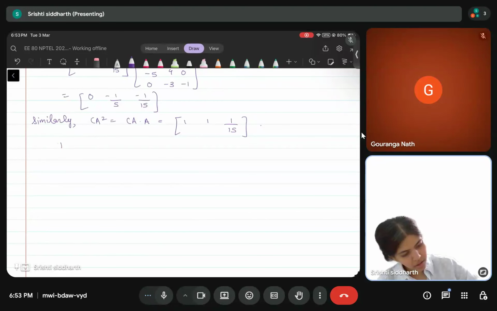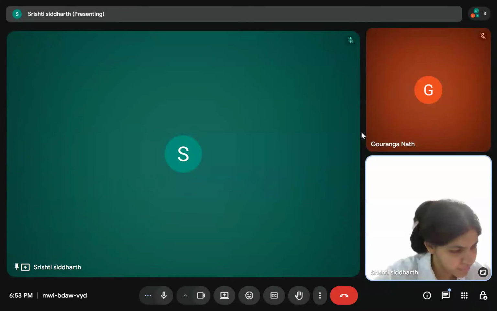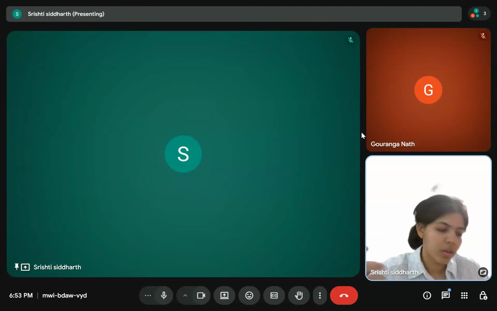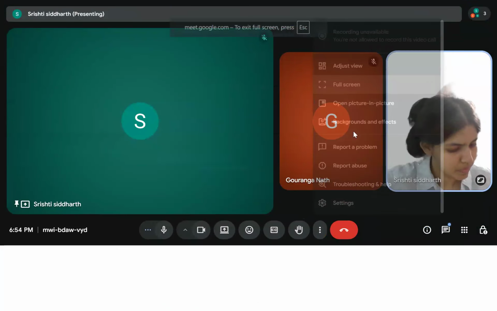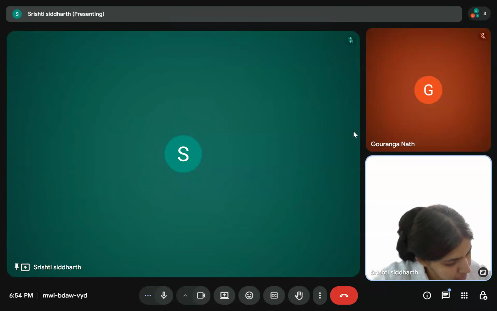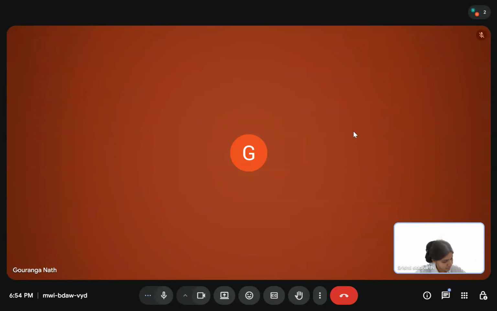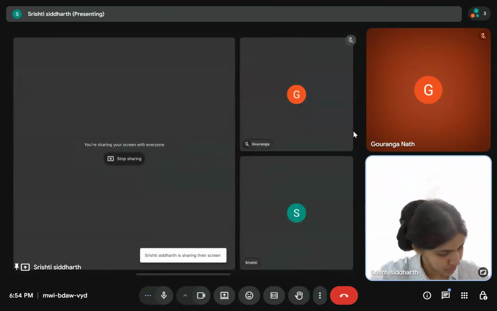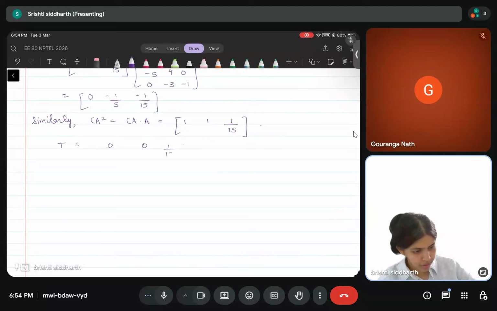So let's substitute in T. T is 0 0 1 over 50, 1 0 minus 1 by 5 minus 1 over 50, 1 1 and 1 over 50.